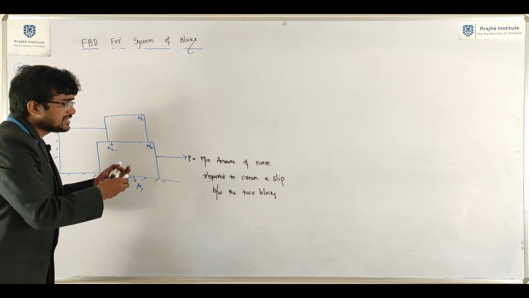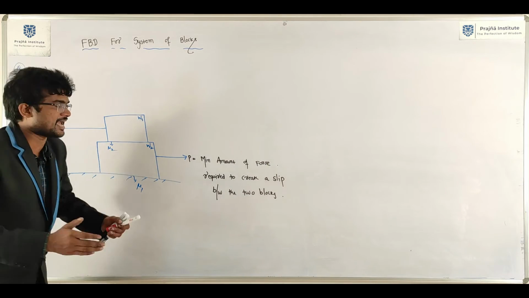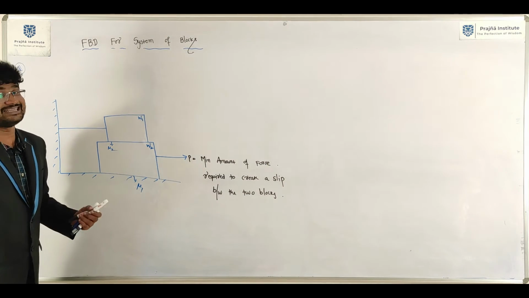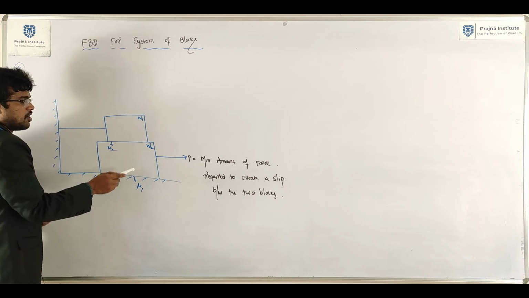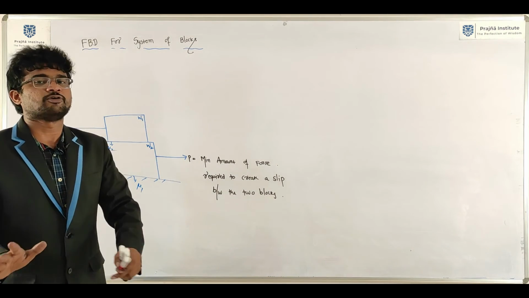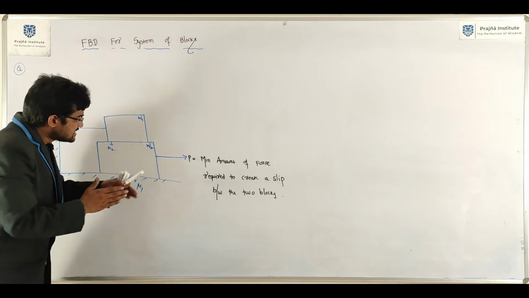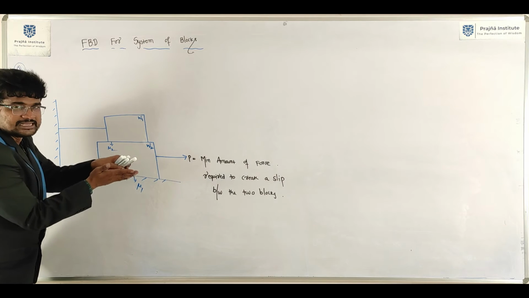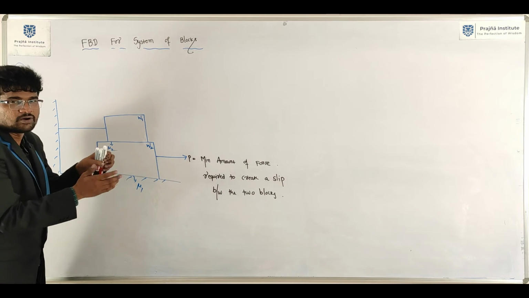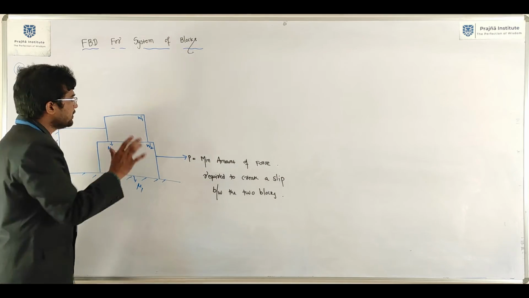Here they are asking the minimum amount of force required to create a slip between the two blocks. In that case the inertia force of the two blocks will be equal to 0. These two blocks are not in motion. Just creating a slip, like one type of jerk.